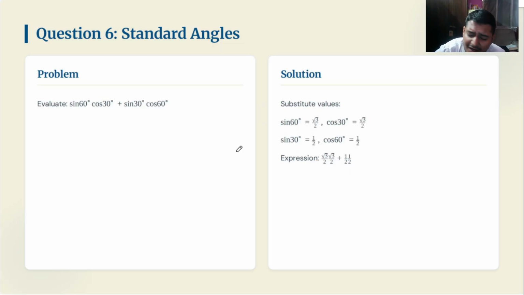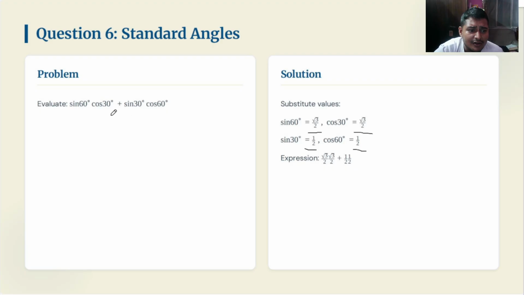If we are able to recall the values of sin theta, the whole table, we can find the whole trigonometric table from there only. So now, it is sin 60 degree, cos 30 degree, sin 30 degree, and cos 60 degree. Sin 60 degree we know as root 3 by 2, cos 30 degree is root 3 by 2. Sin 30 degree is half, cos 60 degree is half.